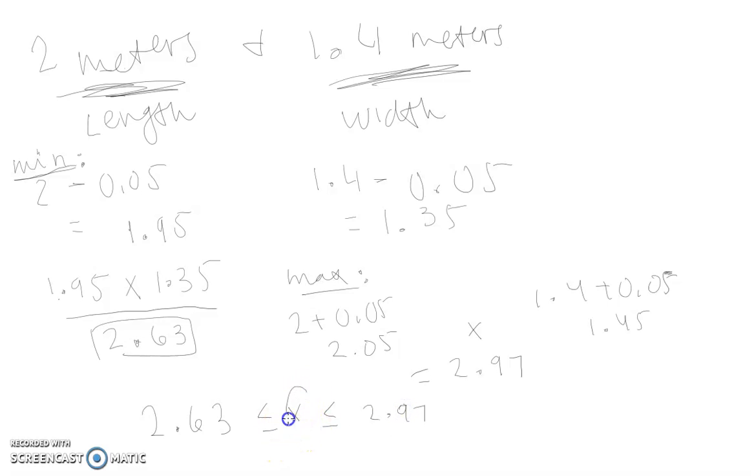All this x value means is that the actual area of the wall can be between this and this number, and it can even be these numbers, which is why I've included these lines below to include 2.63 and 2.97. So yes. Next, we're going to do another example.